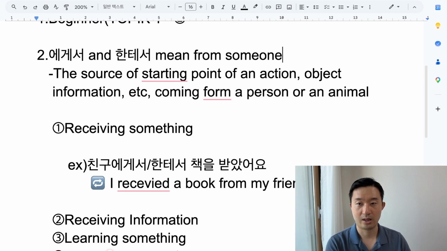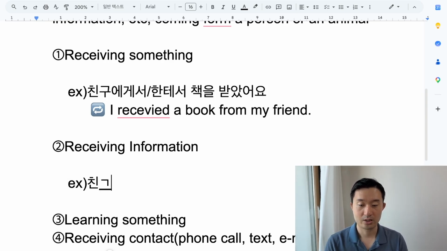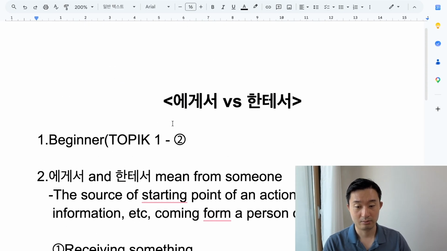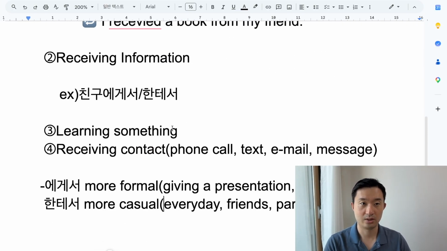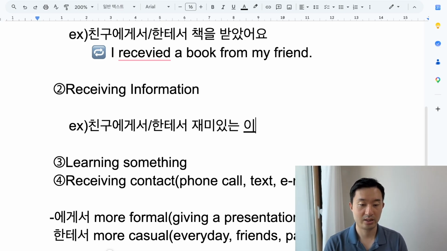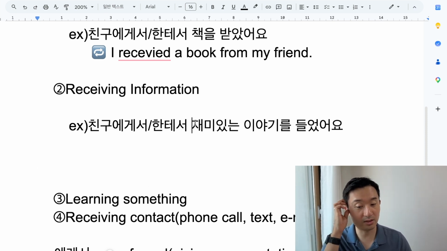And the second case is receiving information. Also, you can say 친구에게서 or 한테서. Of course, depending on context, is it a formal situation or a casual situation? So 친구에게서 or 한테서 재미있는 이야기를 들었어요. 재미있다 means to be fun, 이야기 is story, and 들었어요 is heard.